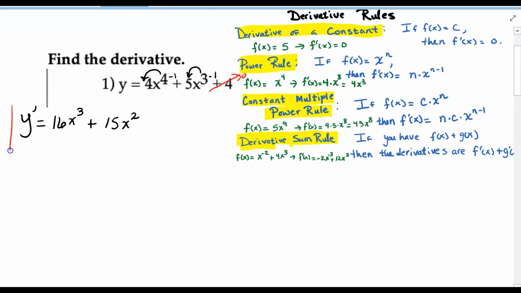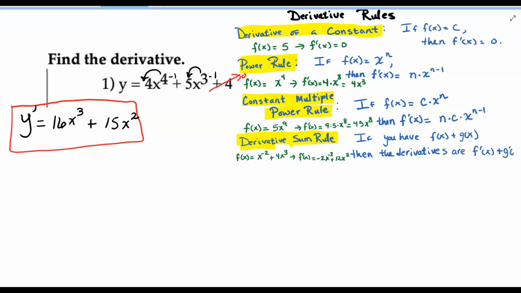So the derivative of 4x to the 4th plus 5x cubed plus 4 is 16x cubed plus 15x squared. And of course, if they asked you later on to find the slope of the tangent at some point, all you'd have to do is plug in that x value, and whatever results is the slope of the tangent there.